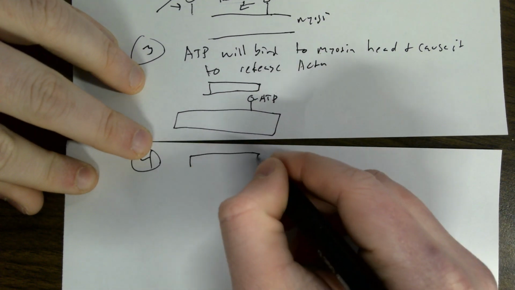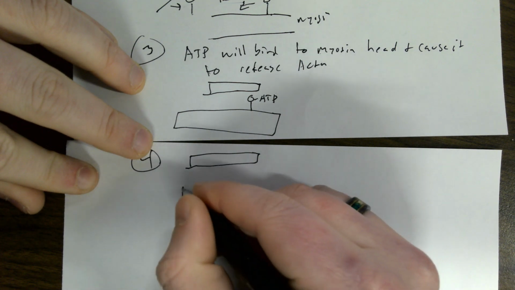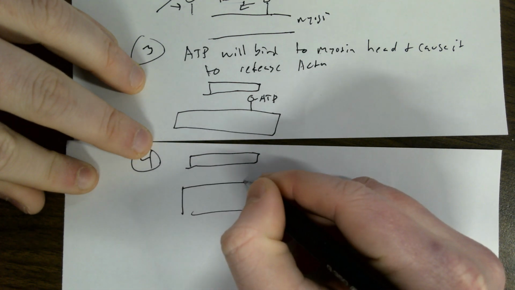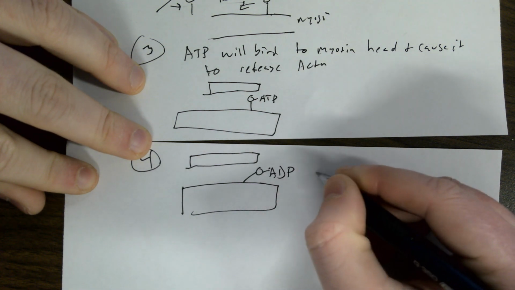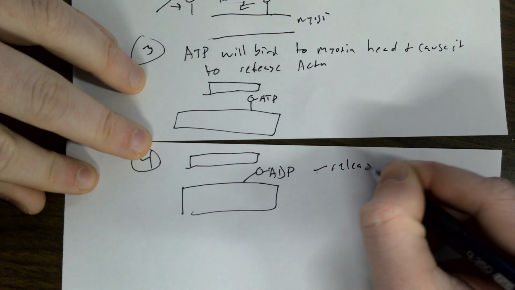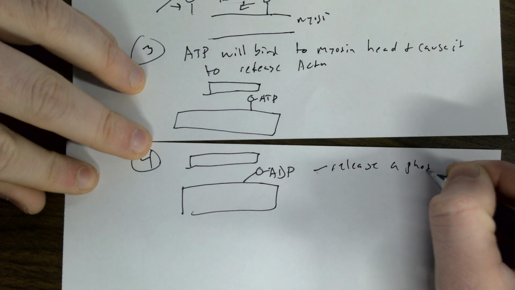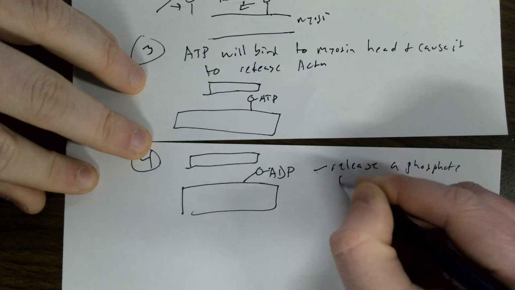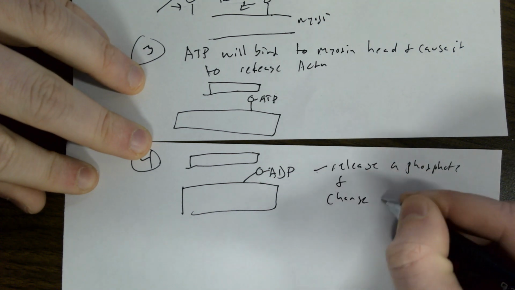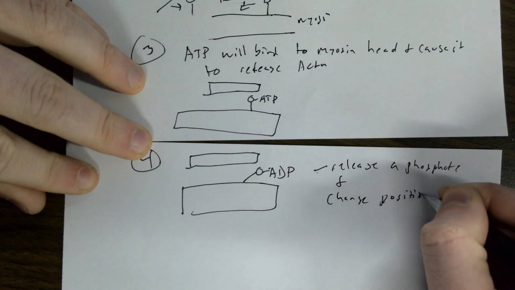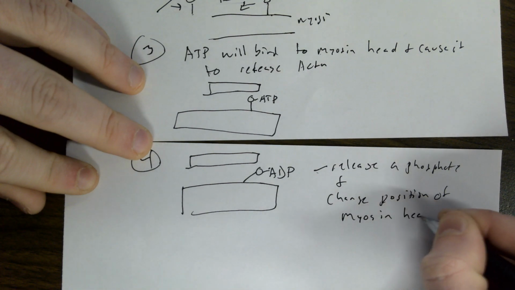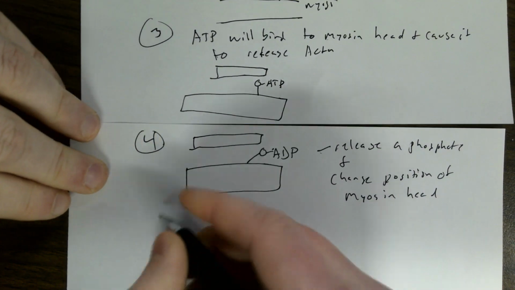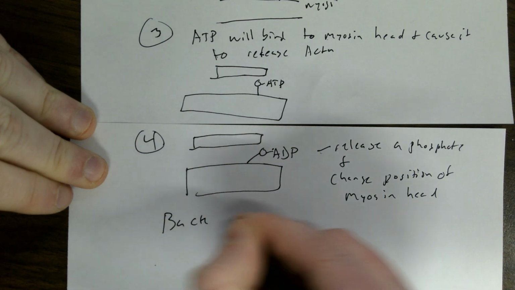You still have your actin, you still have your myosin, and it now is going to go back to this position, and it's going to have ADP attached. So you release a phosphate and change position of the myosin head. Then you're going to go back to step 1.